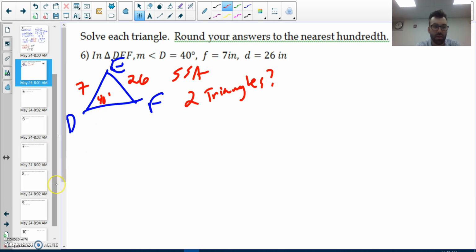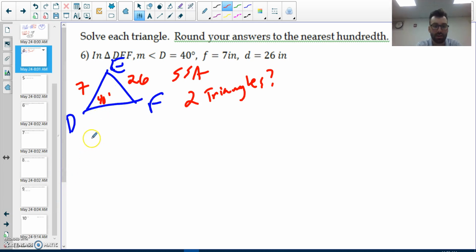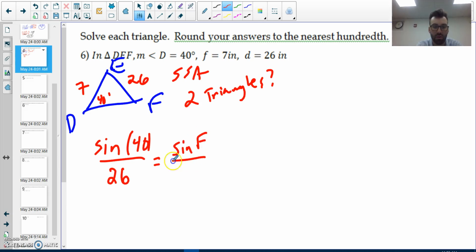How do I test that? First, I use the law of sines. Remember, it's the sine of an angle over the opposite side. So sine of 40 over the opposite side of 26 equals the sine of angle F all over 7.